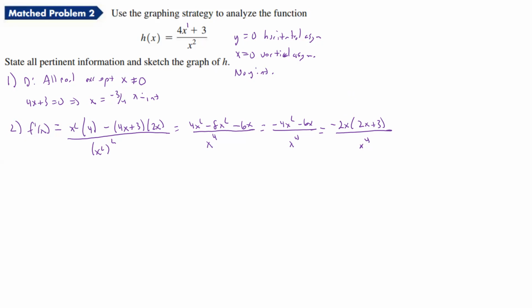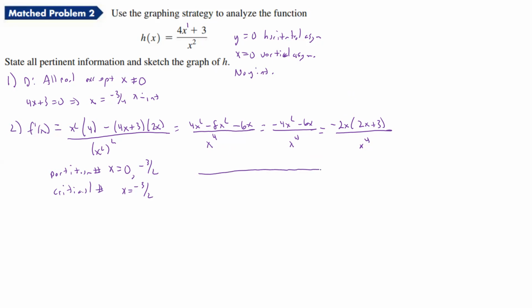So negative 2x equals 0 gives us a partition number of x is equal to 0. If we set 2x plus 3 equal to 0, we get negative 3 halves. And here, this one also gives us 0, and that one says basically x cannot equal 0. So for critical numbers, x is equal to minus 3 halves is going to be the only one. Now, we're going to have a partition number of 0, but the only one it could actually equal is that.